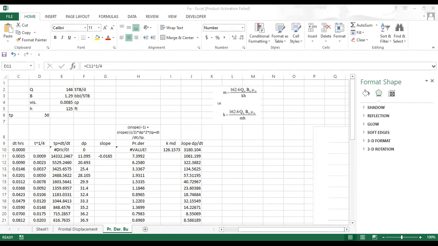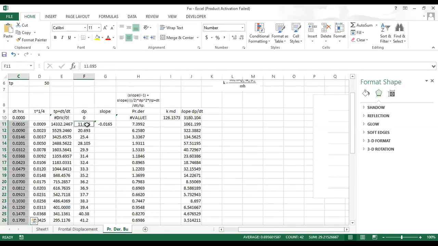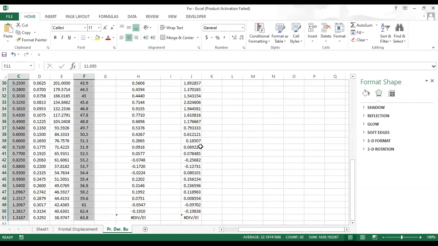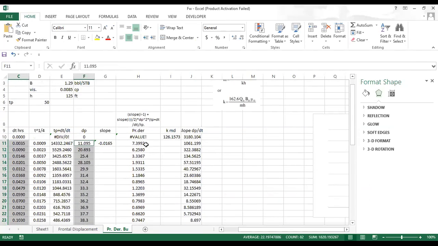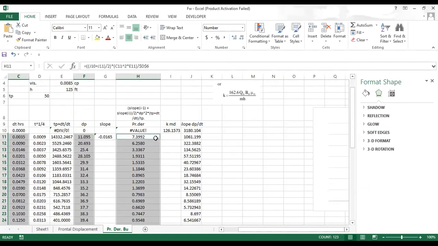Okay, from this, I will try to go with the derivative graph, dt versus dp, which is my y-axis, and the derivative graph, which is here. There are minus symbols here.